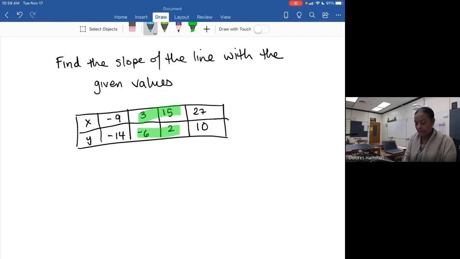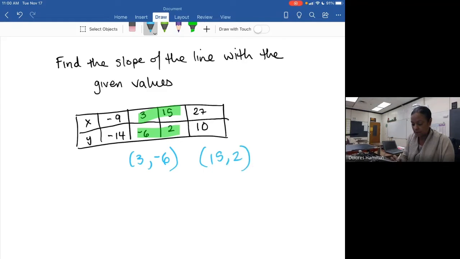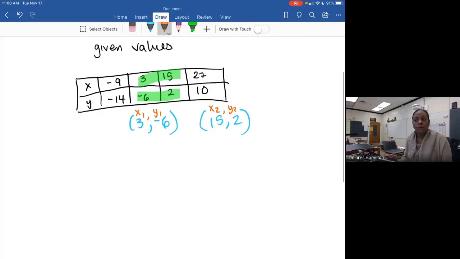This is telling me when x is 3, my y is -6. Also, when x is 15, my y is 2. Next, we would define both of those ordered pairs as x1, y1, x2, y2, and then put them in our slope formula.